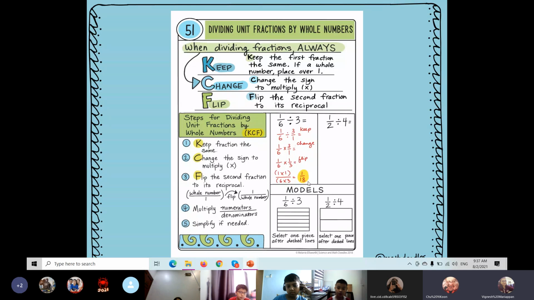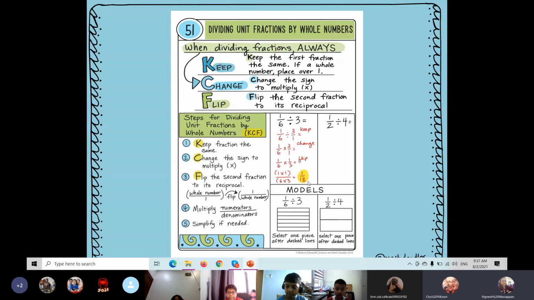So remember class, teacher is going to show one more example here. 1 over 2 divide 4. So who can explain to teacher this one? Teacher, can I try? Yes, Adish. The first thing you have to remember is keep.